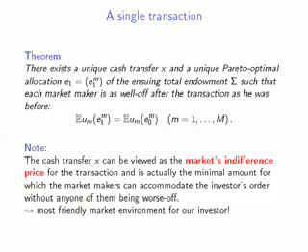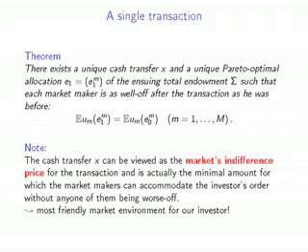And this is where the first result comes in, which says that if we insist on our indifference principle, that is, if we want that after the transaction the endowments of our market makers give them utilities which are exactly the utilities they were looking at before, then this can be done in only one way. There's only one cash transfer X, and there's only one Pareto optimal allocation of that cash transfer and the other total endowment which the market makers must have, which will make this transaction work.